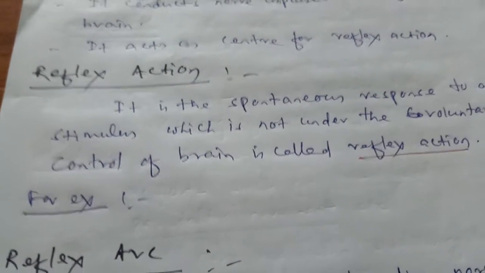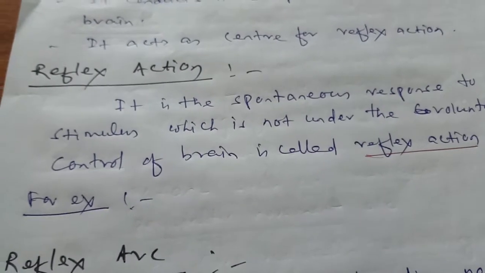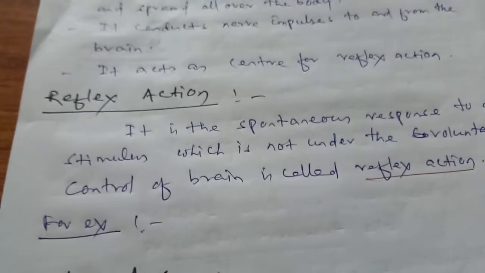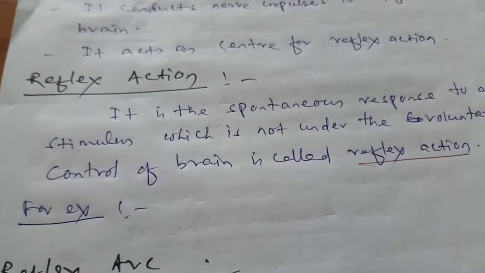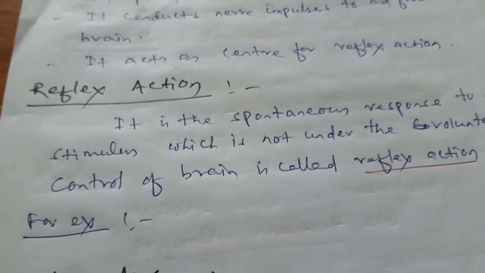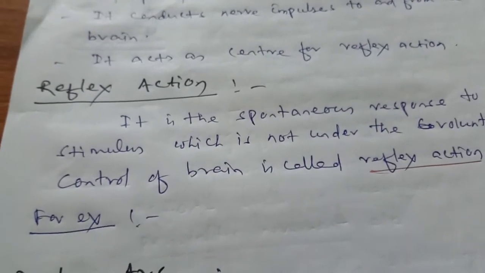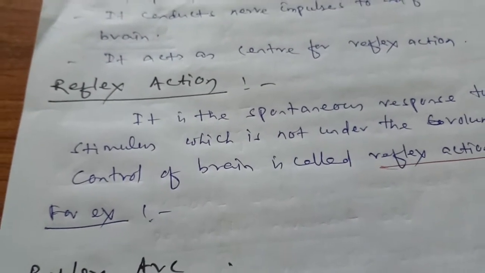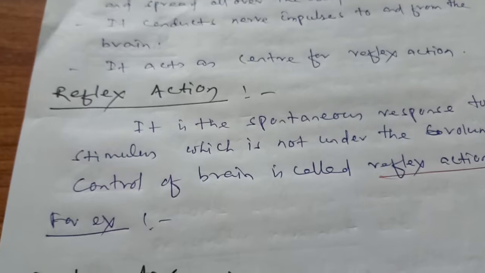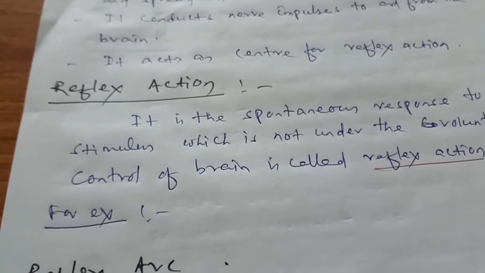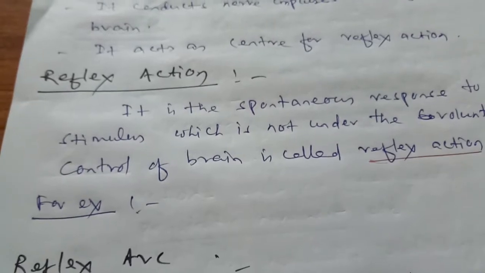Actually, who takes the decision to take the hand away? When the sensation reaches the central nervous system from the thermoreceptors of the skin, at the central nervous system the spinal cord immediately turns the information towards motor neurons to take the hand away from the hot object.